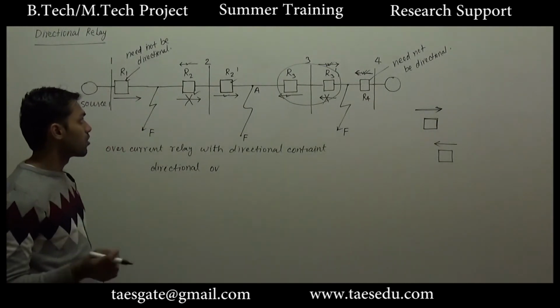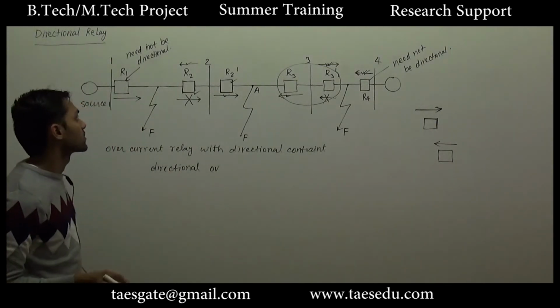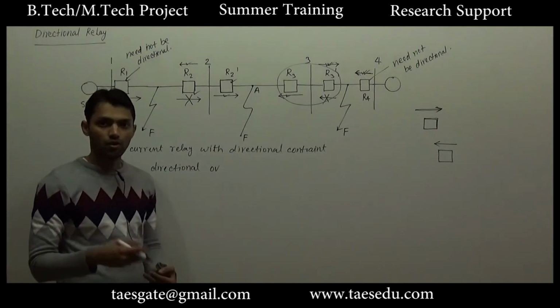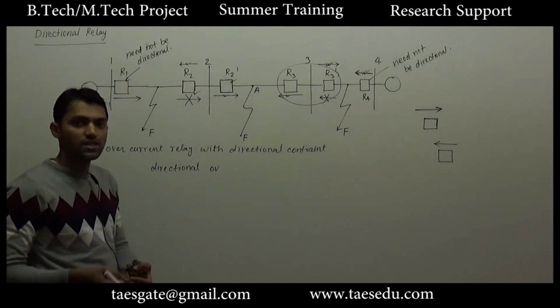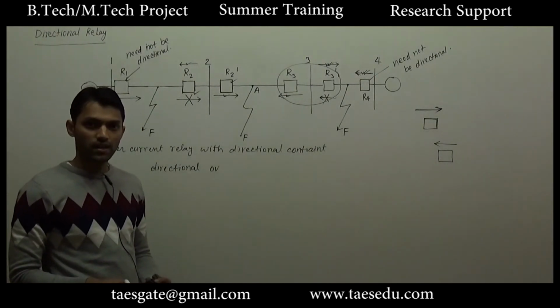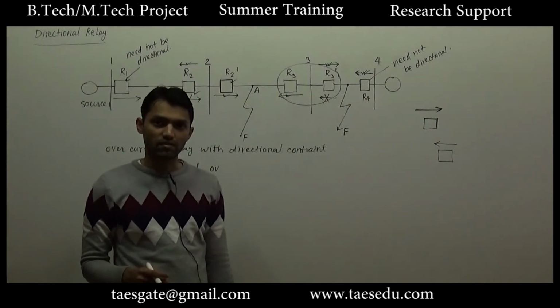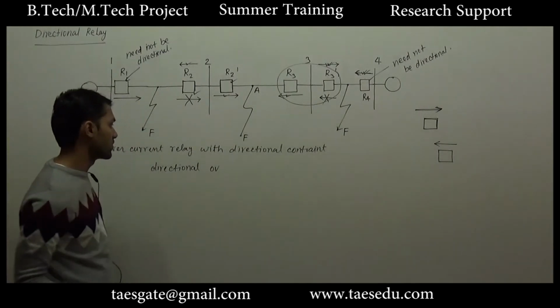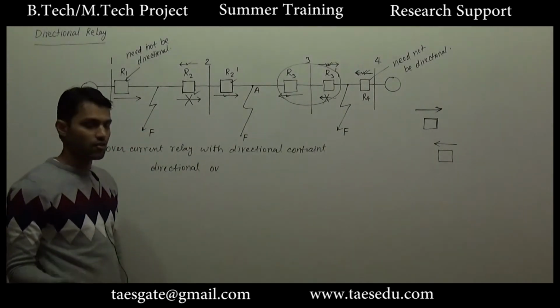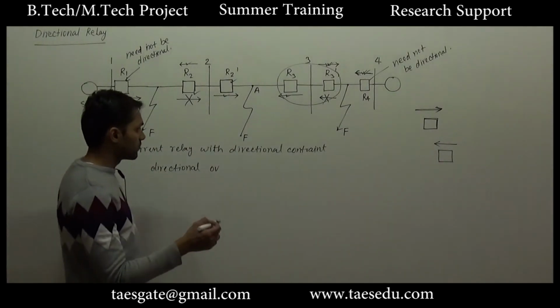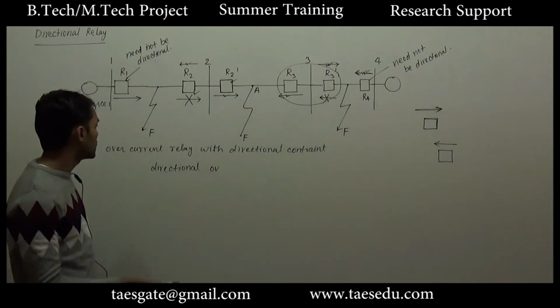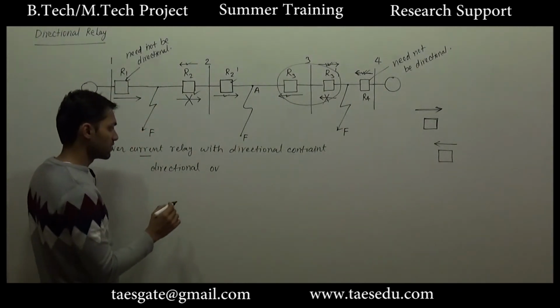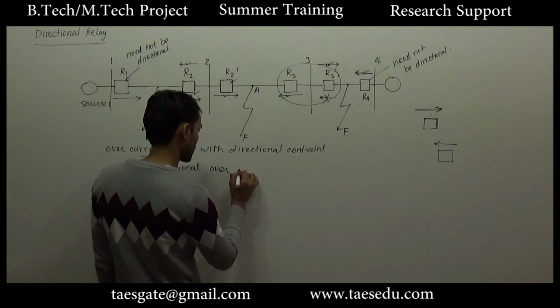The relay should not be operated only on the basis of direction of current. The amount of current should also be large enough. So that decision will be taken by the overcurrent relay, and the decision about the direction will be taken by the directional relay. So the total operation will be done by both directional and overcurrent relay. If we add the directional constraint in an overcurrent relay, that relay will be a directional overcurrent relay.